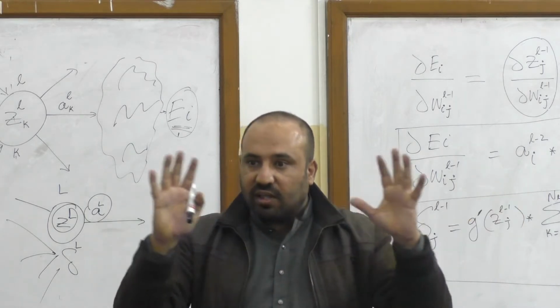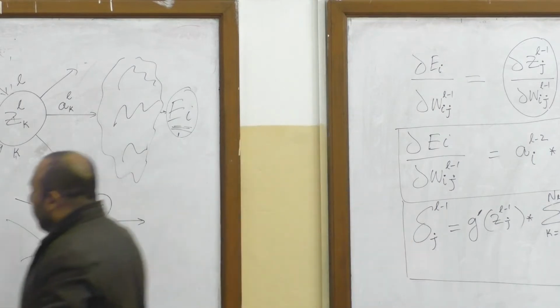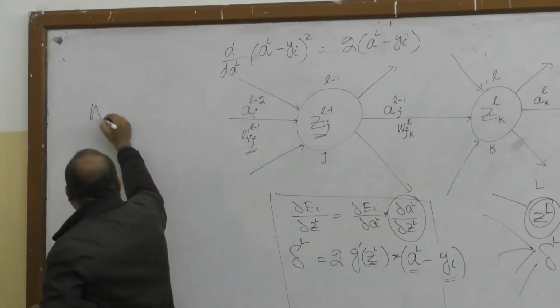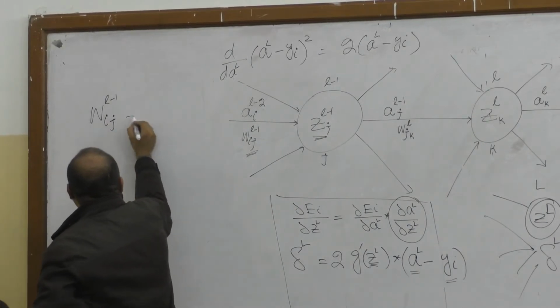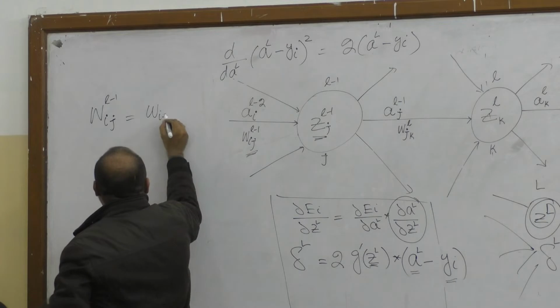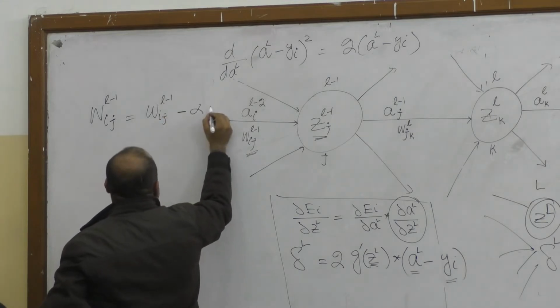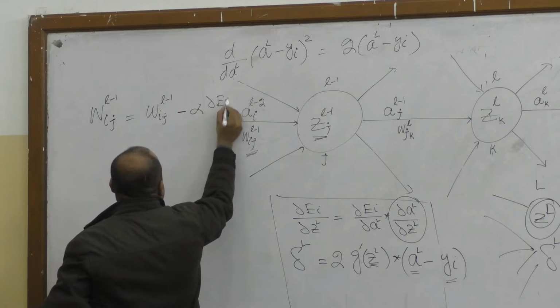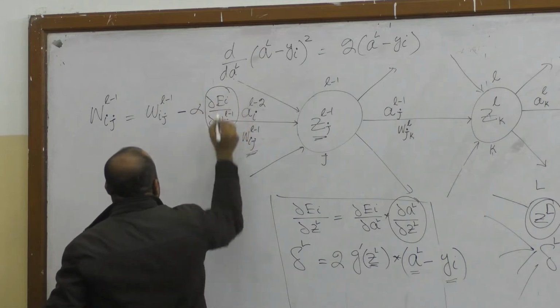Once you have all the derivatives of the weights, update a weight: Wij L minus 1 is equal to Wij L minus 1 previous minus alpha times the derivative. So that is the number you have computed now.